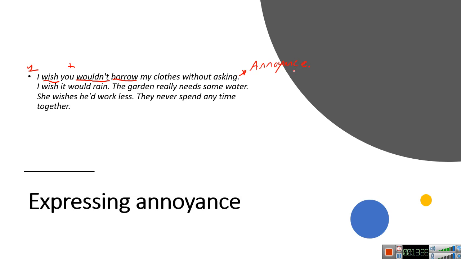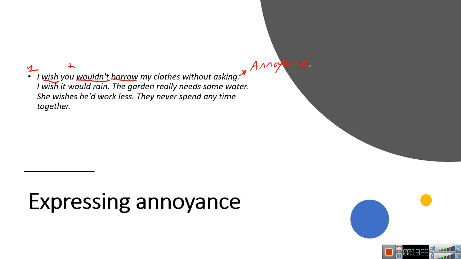I don't understand your question, teacher. So in this question, what is it that annoys me? ¿Qué es lo que me está molestando en esta oración? They wouldn't borrow my clothes without asking.